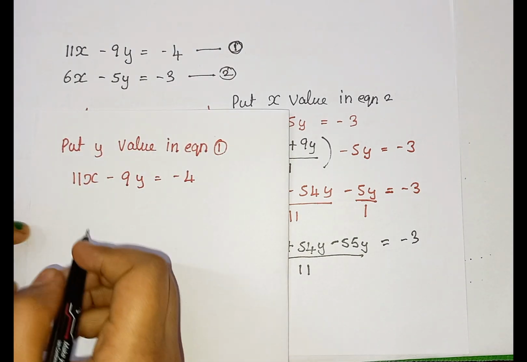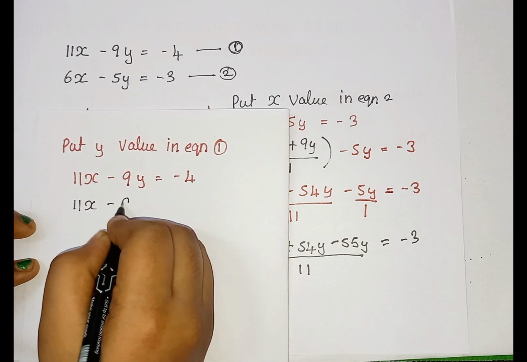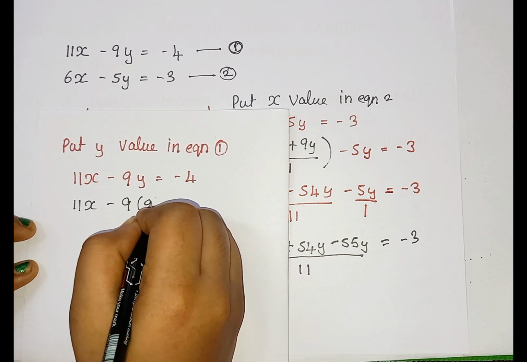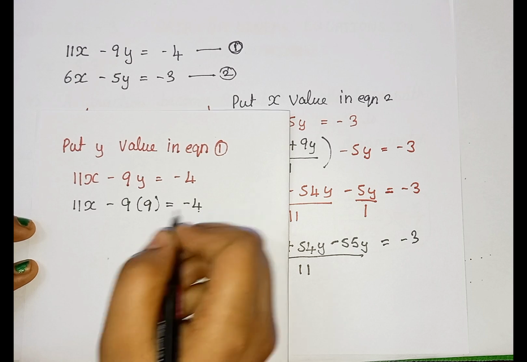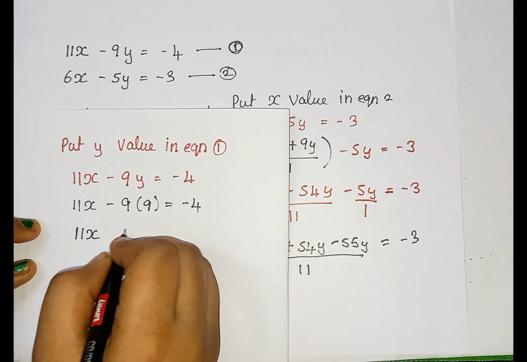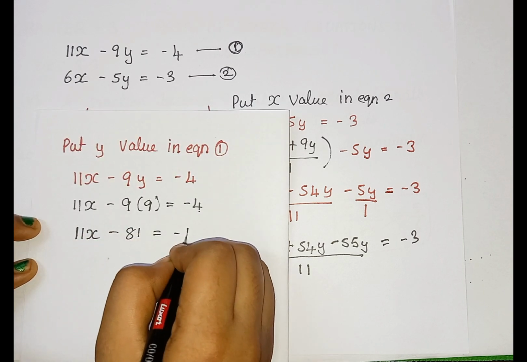So here let's write 11x and then minus 9, and the y value is 9, so into 9 is equal to minus 4. So 11x, and 9 into 9 is minus 81, here we have minus, right? And then is equal to minus 4.